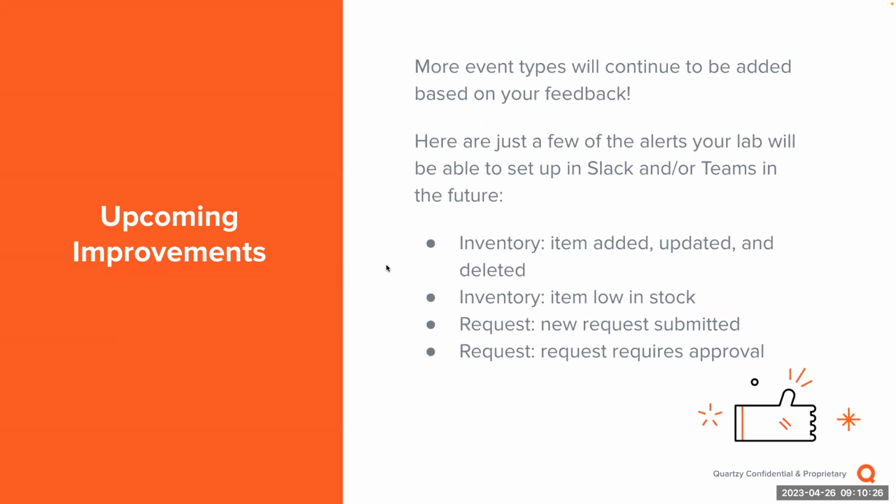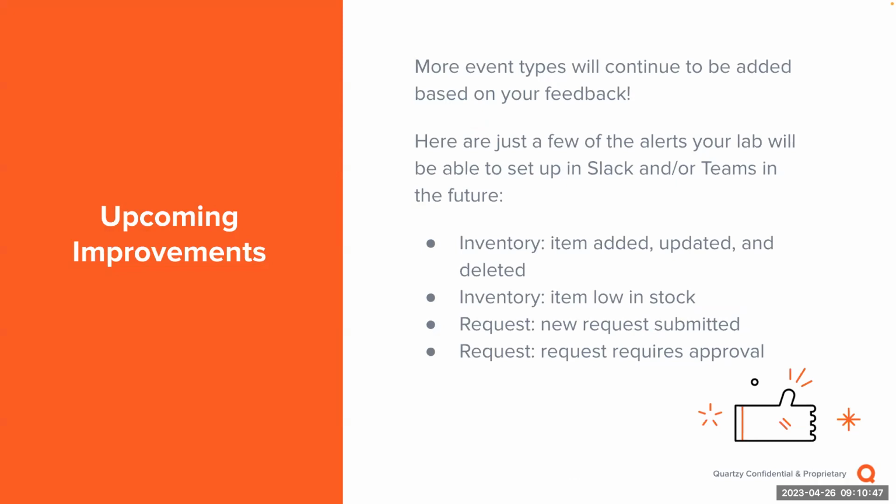So for upcoming improvements, like I mentioned earlier, based on everyone's feedback, we're building out more event types that you can receive alerts in Slack or Teams for. So we do plan on adding inventory items: when you add, update, or delete, you can choose alerts for those.